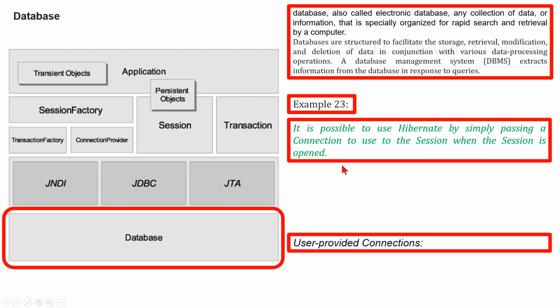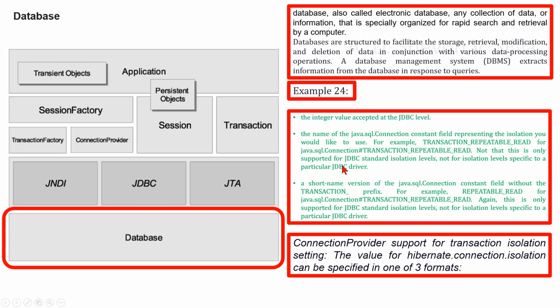This usage is discouraged and not discussed here. Now we are considering connection provider support for the transaction isolation setting. The value for hibernate.connection.isolation can be specified in one of three formats. All of the provided connection provider implementations other than the data source connection provider support consistent settings of transaction isolation for all connections.